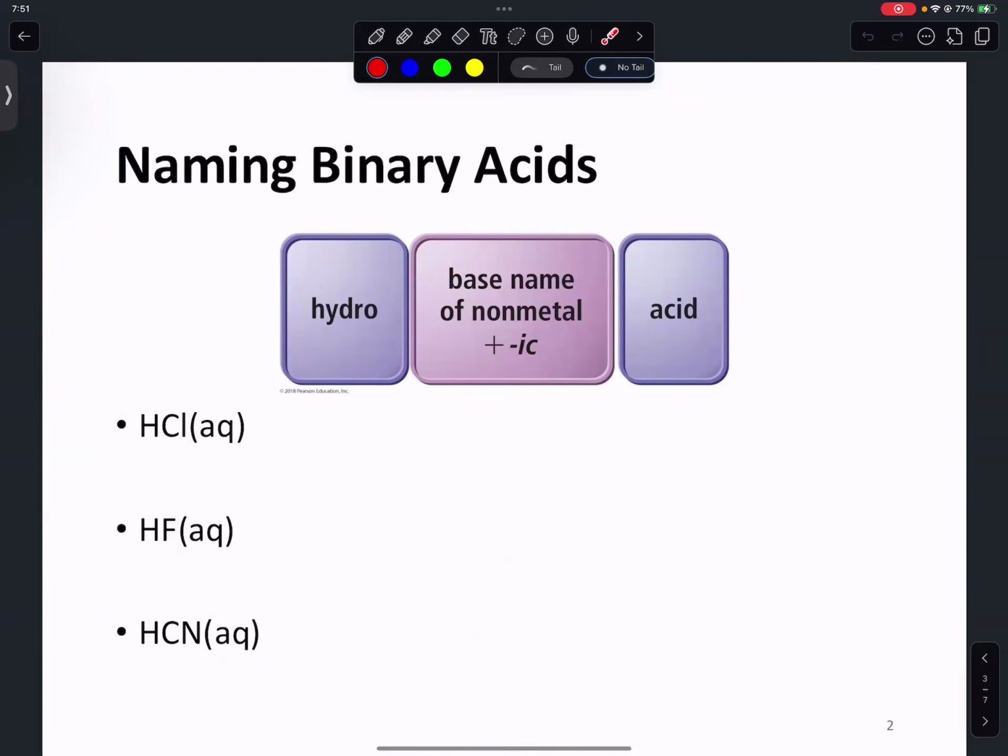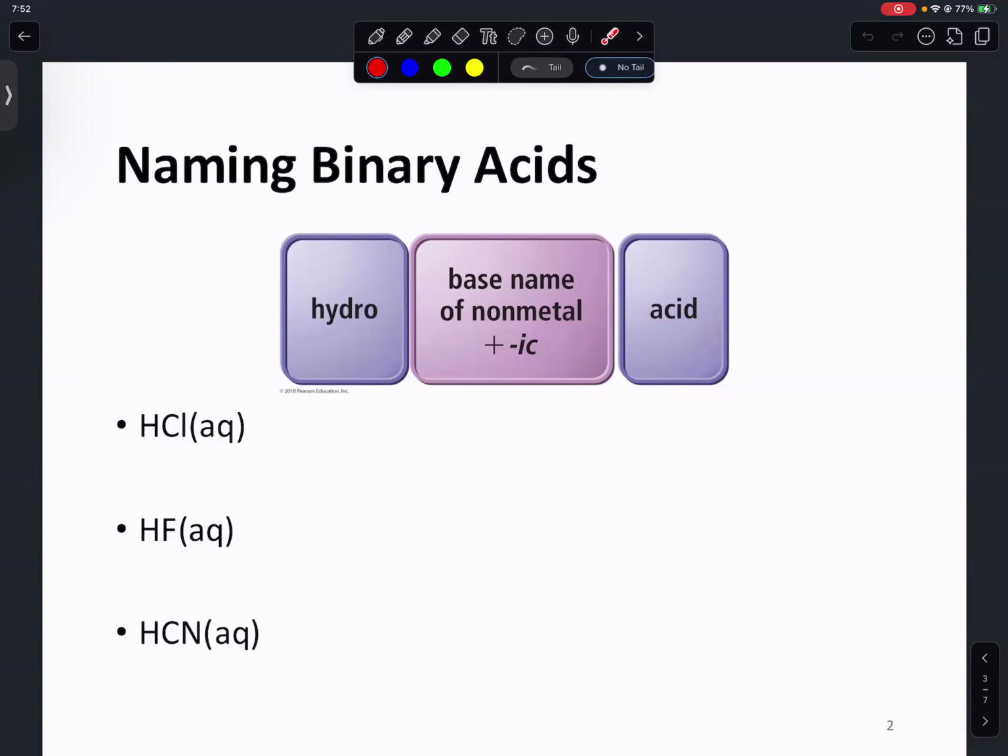Now, let's start by naming binary acids. Naming binary acids is going to be very simple. We're going to start with the prefix hydro, and then following is going to be the base name of the nonmetal, plus the suffix ic, and then the word acid.